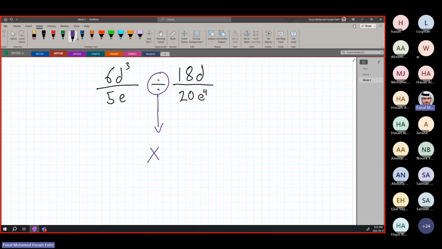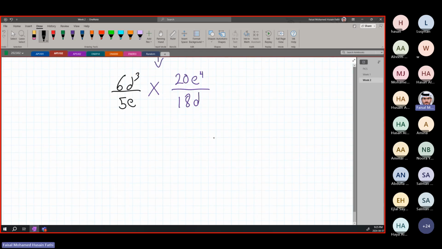But to do that, we're going to have to switch the position of these two and then solve normally. So it becomes 20 e to the power of 4 up, and 18d down. The second part, the part after the division, you're going to switch, and the first part is going to stay the same. And then we will solve exactly the way we solved earlier.